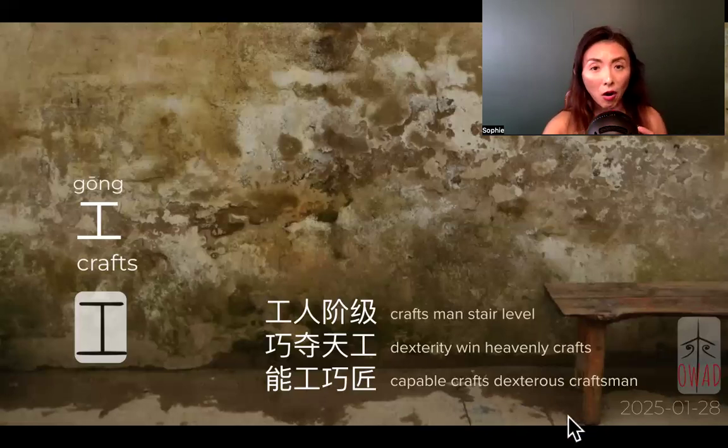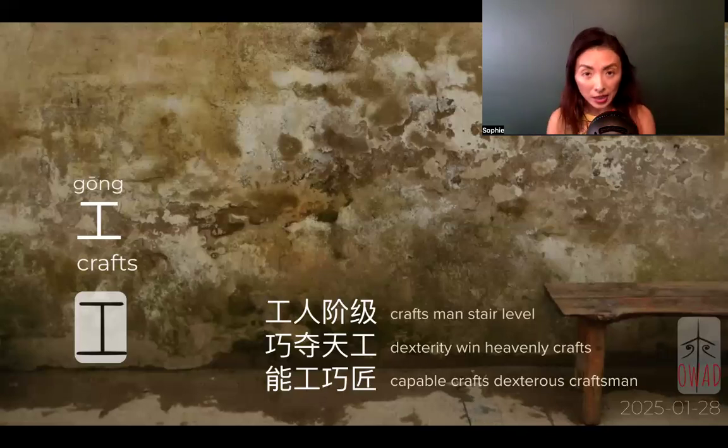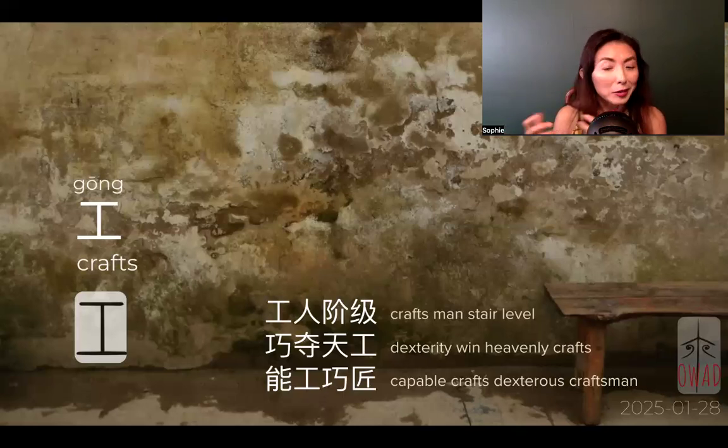So 工 are people who can measure and calculate, versus 匠, who get very good at a certain procedure so they can perfect the art of making something. That's more like a craftsman, right? Versus this is more like a civil engineering hat.